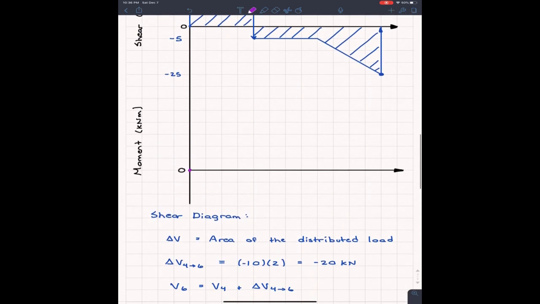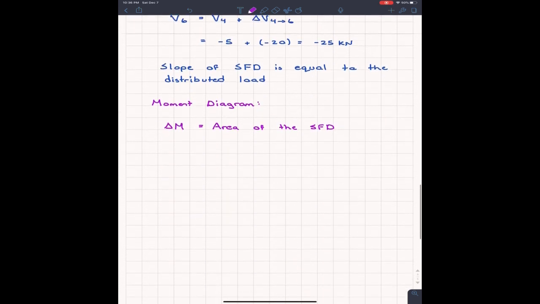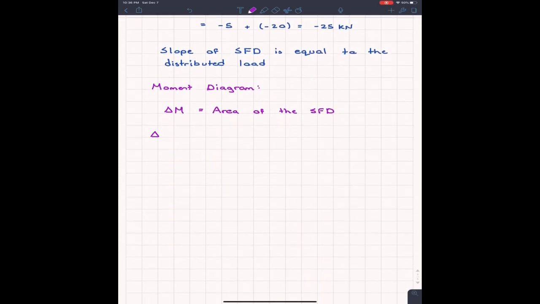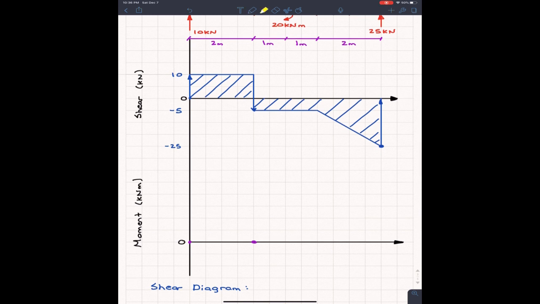If I want to know the moment at x equals 2, all I have to do is find the total area of shear between those two. So if I'm looking for delta M between x equals 0 and x equals 2, it's going to be the area of the shear. And if I look up, that's going to be this area right here, which we see is just a nice rectangle.